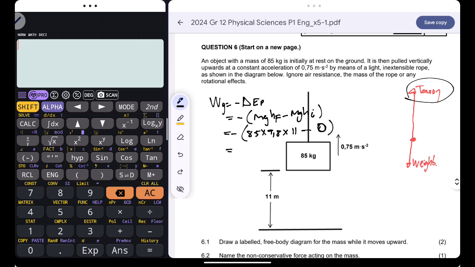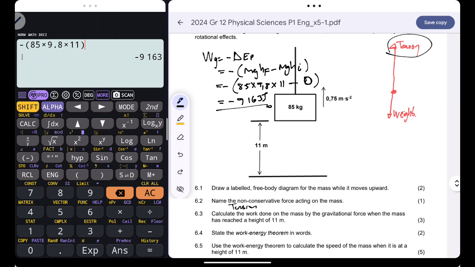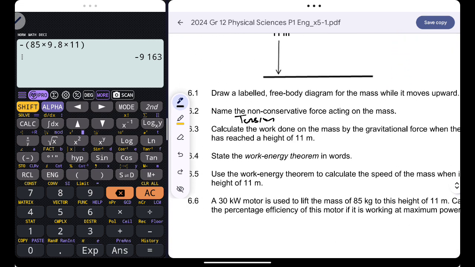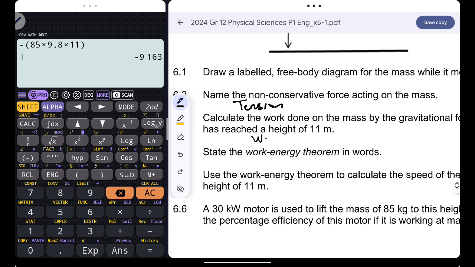So this will just give us negative 85 times 9.8 times 11. This is just negative 9,163 joules. It's negative because gravity is opposing motion, guys, so it's doing negative work. So work done by gravity is just negative 9,163 joules.